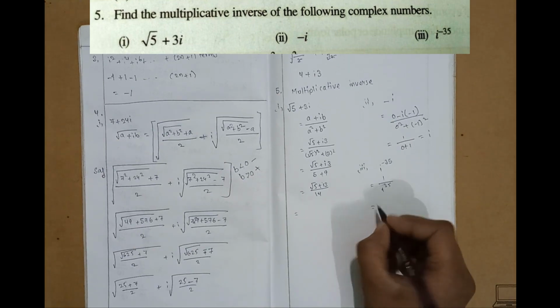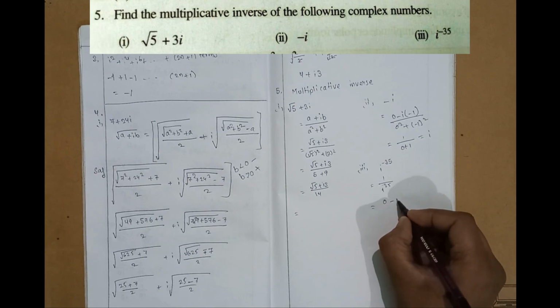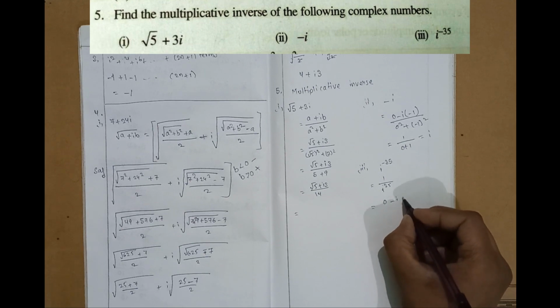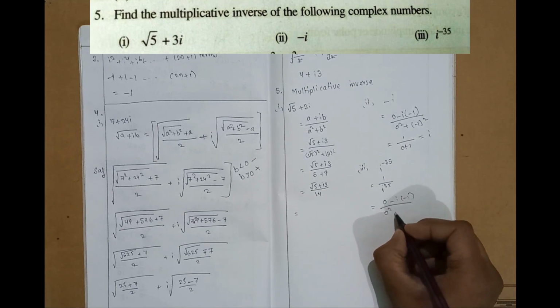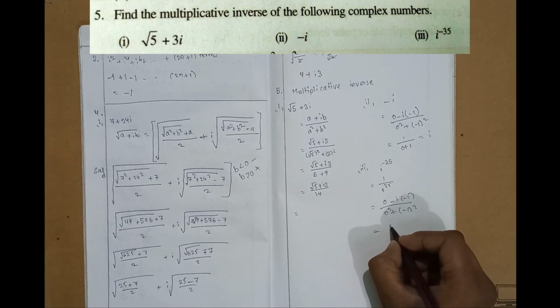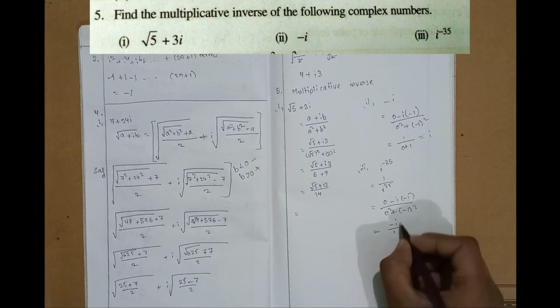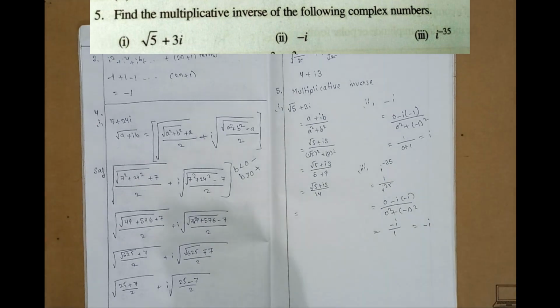If we apply the formula with a equal to 0 and b equal to 1, the answer will be minus 1. 0 square plus minus 1 whole square, the answer will be minus i by 1 equal to minus i.